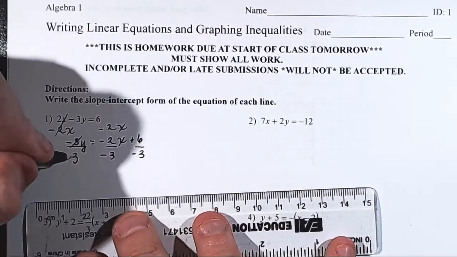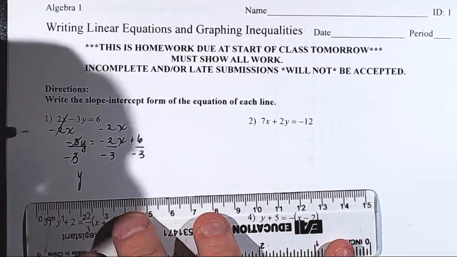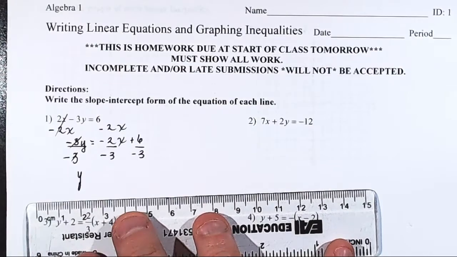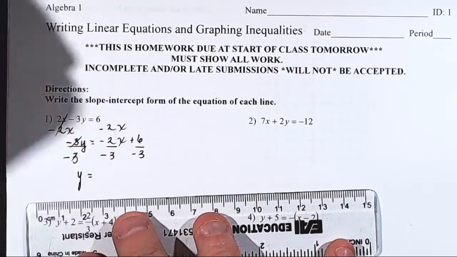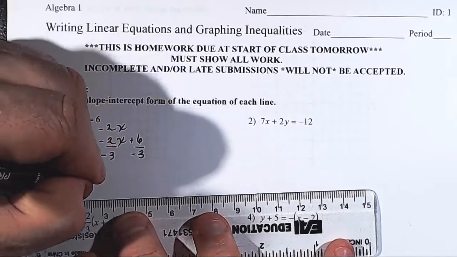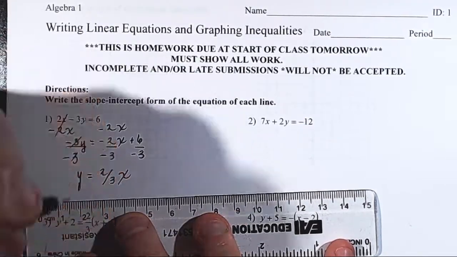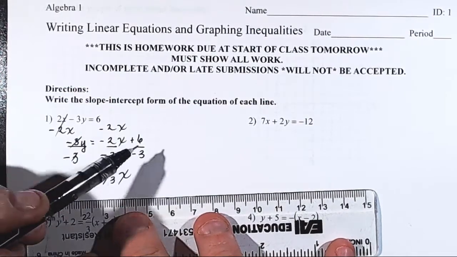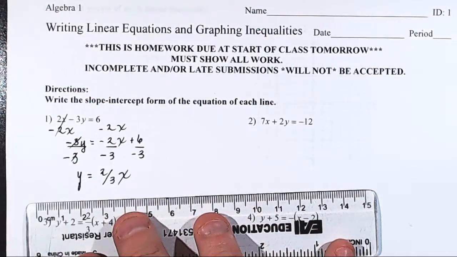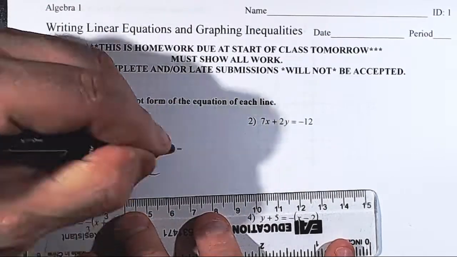On the left, the negative 3's cancel, and you have achieved the goal of getting y by itself. Y equals negative 2 over negative 3 is positive 2/3 x. And then you have 6 divided by negative 3, which gives negative 2.